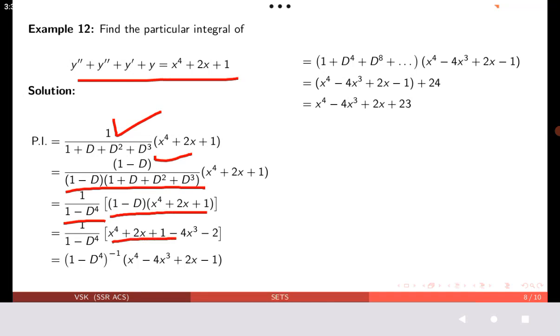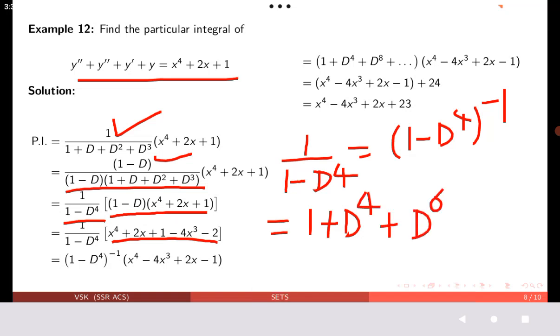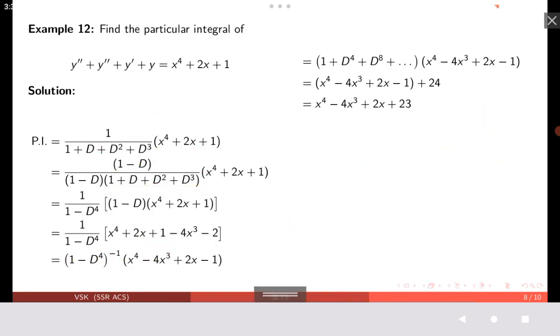So this expression will become simply this, and 1 upon 1 minus D to the power 4 becomes the inverse of 1 minus D to the power 4. So this will simply become 1 plus D to the power 4 plus D to the power 4 square, that is D to the power 8, and so on. So this expression is written over here, and when we operate this on this, we get this expression, and on simplifying we get this expression. So that is very easy in this case.